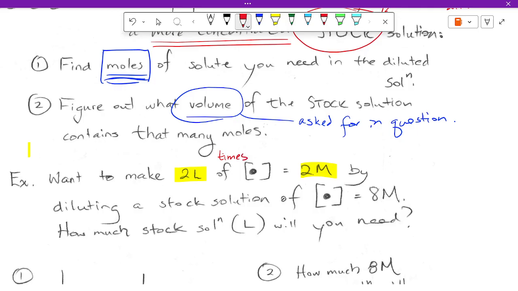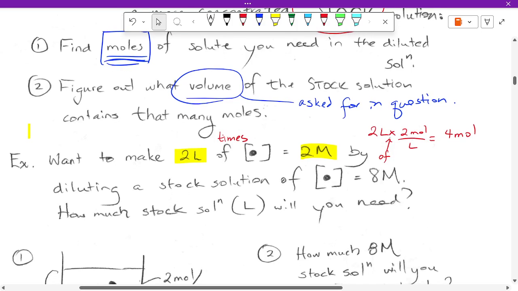And that's going to allow you to find the moles. Okay, so 2 liters of 2 molar, so 2 liters times 2 molar is going to allow you to find the moles. So that's going to be 4 moles. That's how many moles we need to make this 2 liters of 2 molar solution.